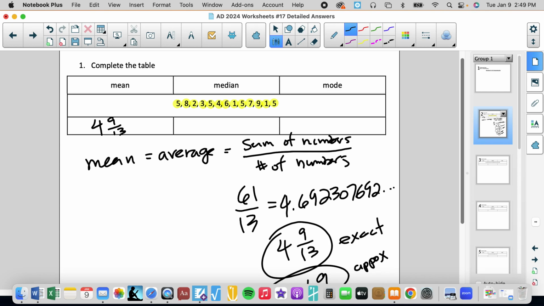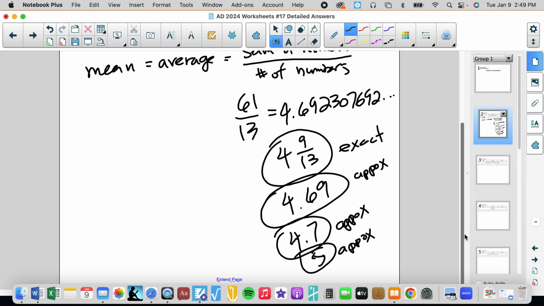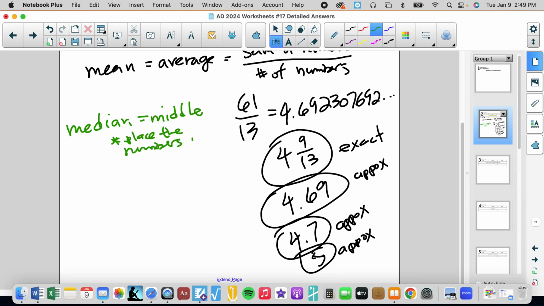The median is the middle, but it's important that you understand when we talk about the median. Median means the middle. The important thing is you have to first place the numbers in numerical order. So very important that you place them in order.